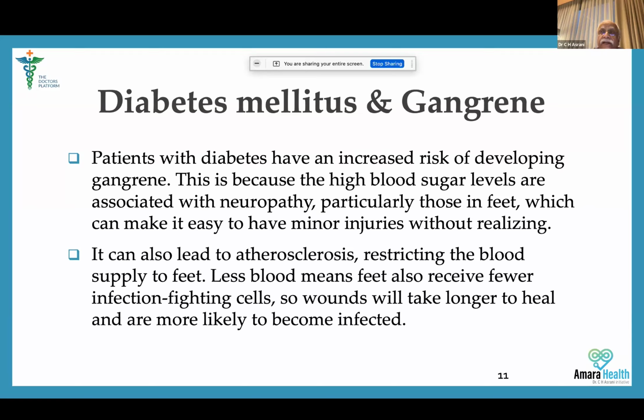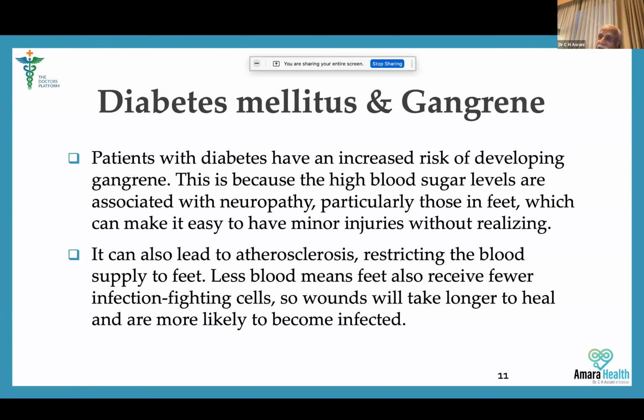Diabetes also leads to atherosclerosis. Actually, it is the reverse. Hypertriglyceridemia and low HDL are the precursors of diabetes. Then comes pre-diabetes and then comes diabetes. So most patients with diabetes will always have dyslipidemia.